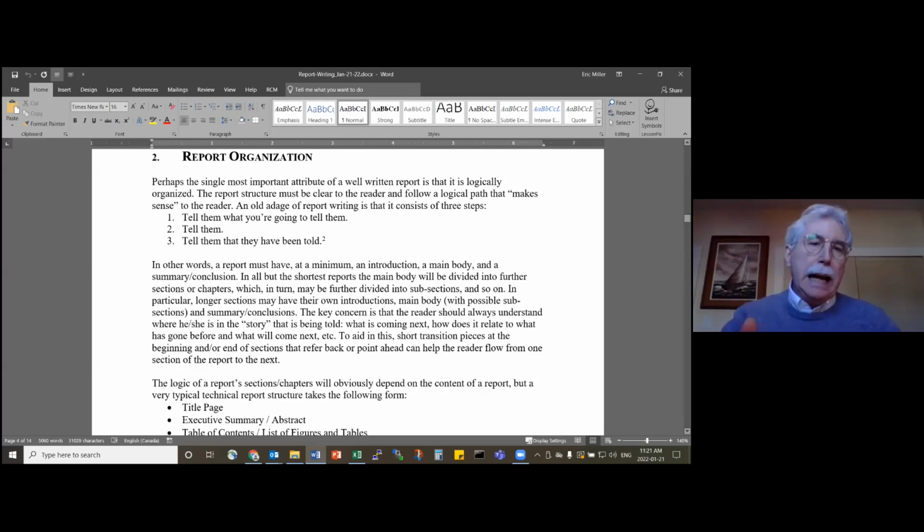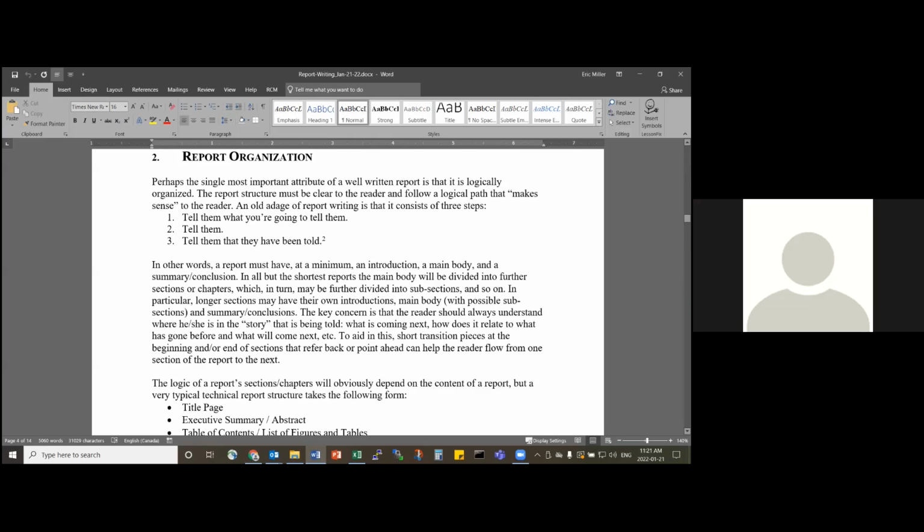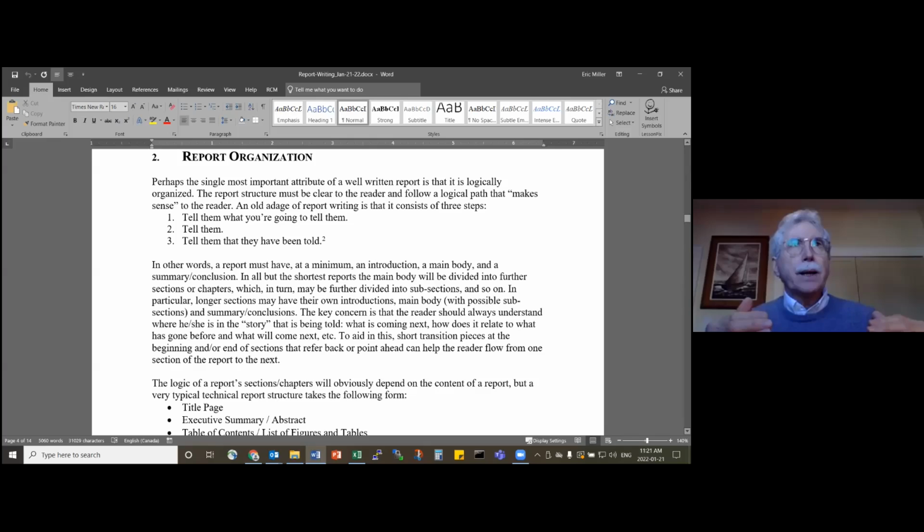So I think a key thing in organization is always that there's sort of three. Always, even a one-page summary of something, I think to a certain extent, there's three components. I always say you should, in any report, tell people what you're going to tell them, and then tell them that they've been told. So in other words, you need to introduce and motivate whatever it is you're presenting.